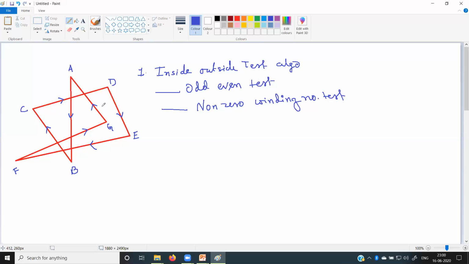Now consider there is a point, this one. How can we check whether this point belongs inside of the polygon or outside of the polygon? If I can find out whether that point is inside or outside, then we can determine whether the region belongs to the polygon or not. To do so, we have to take a point P in the region.